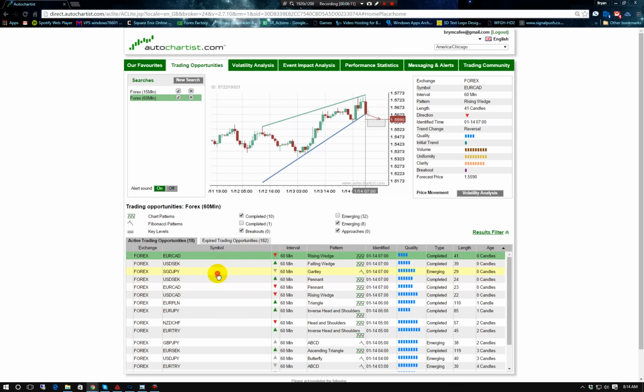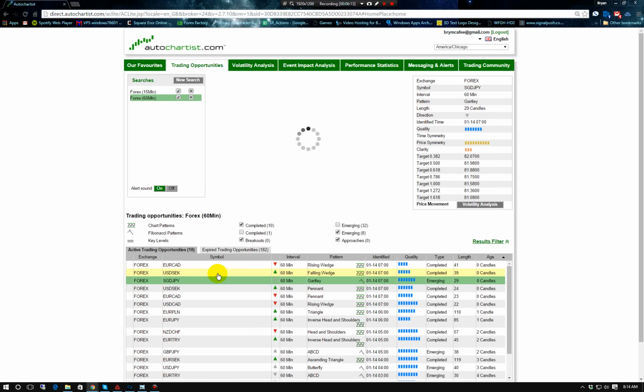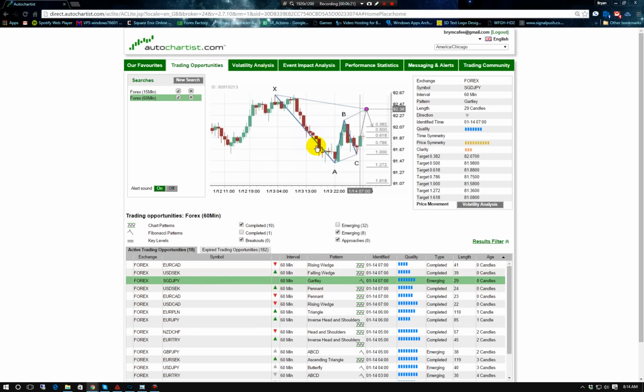So if we take a look at it, I'm going to click on one, and this is what I mean by exotics. SGD, JPY. Hell if I even know what it is. So Gartley, I mean it gets into some pretty complex patterns. And it tells you what the direction is based on whether the pattern is completed or emerging, which we'll cover in a second, what the difference in the two is.